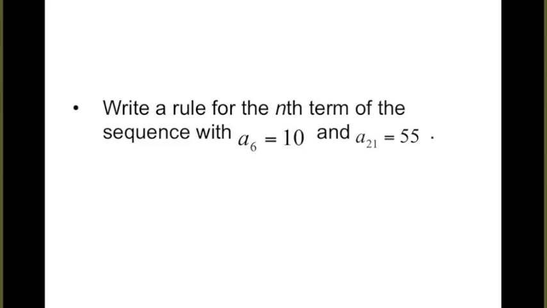So I can't just subtract these two terms and say that's the difference. 45 is not the difference between each term because they're not right side by side. They're some terms away from each other. But 55 minus 10, 45, is the difference over how many terms? How many terms away are they from each other in line? 15 terms away from each other in line.